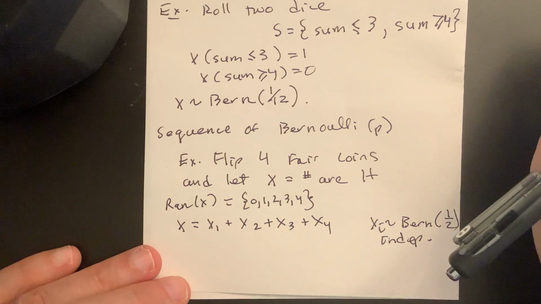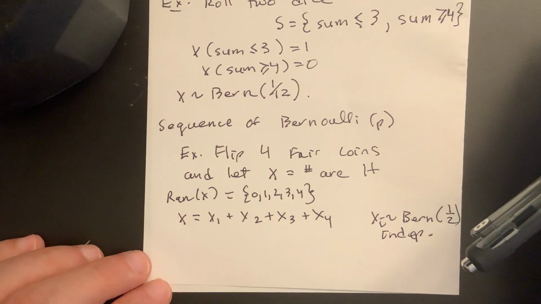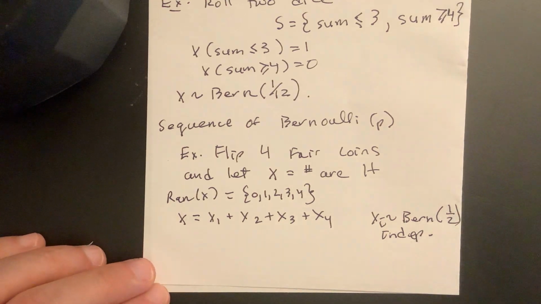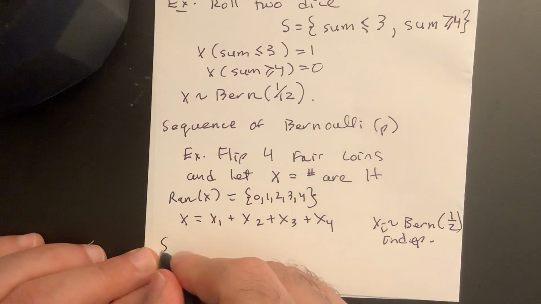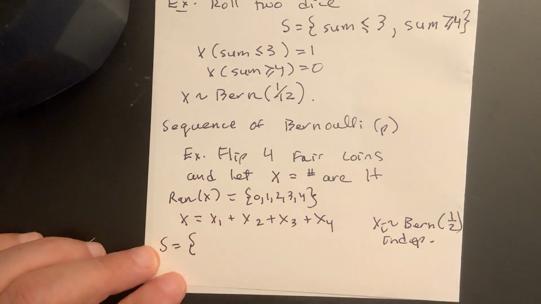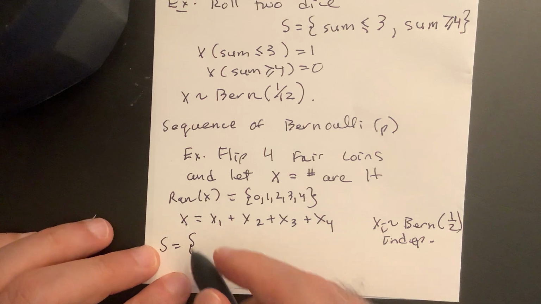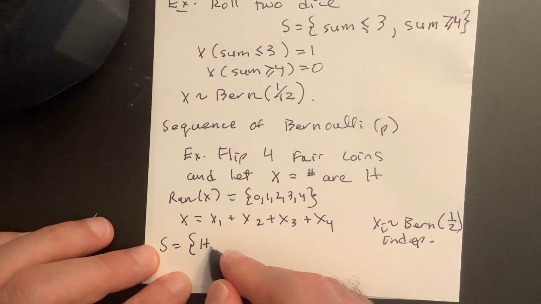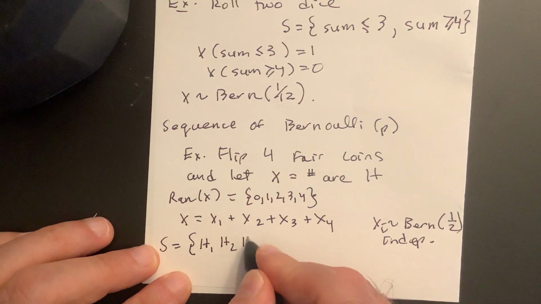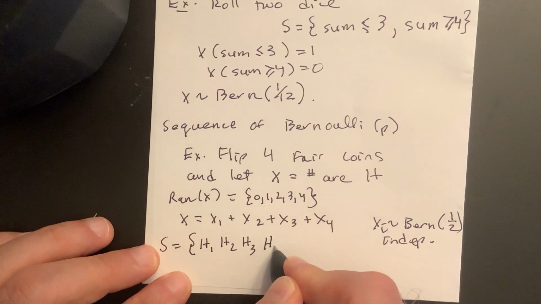Okay, well then in that case, what do I have here? What is the map? Well, actually, if I think about these as all the outcomes, these can be S. S is all the outcomes, right? So S could be, say, equal to, let's say, H1, H2, H3, H4.